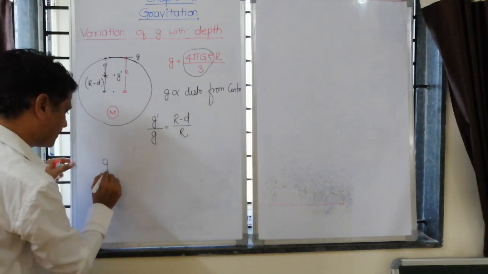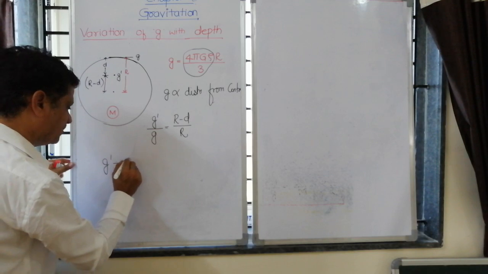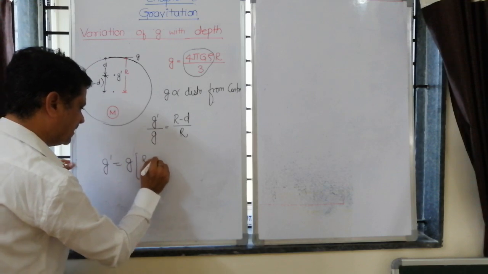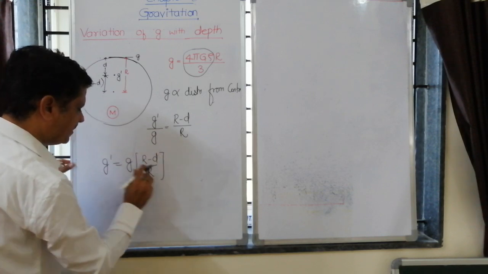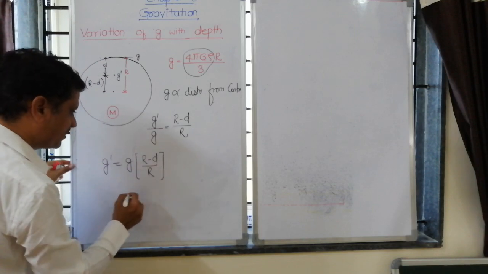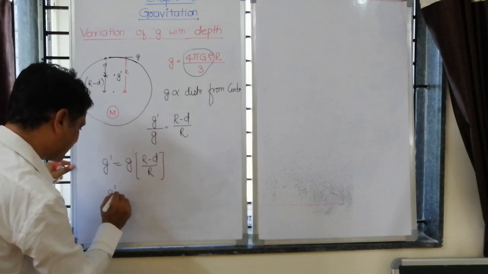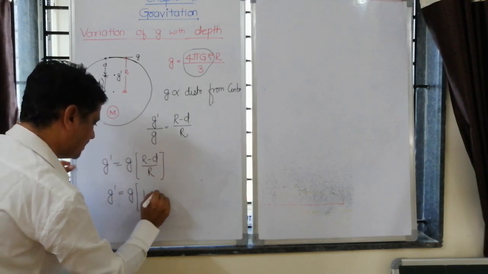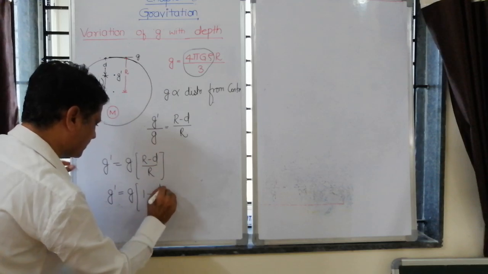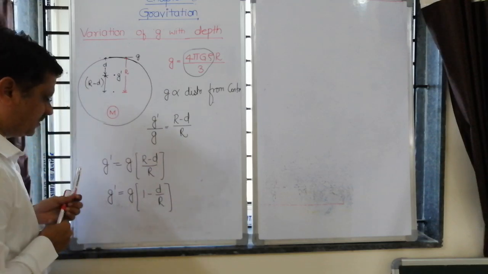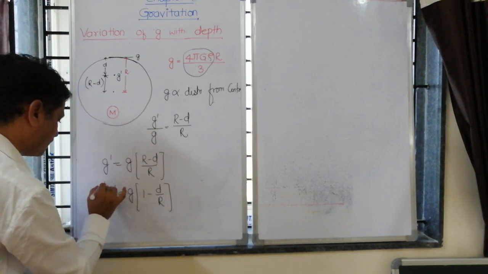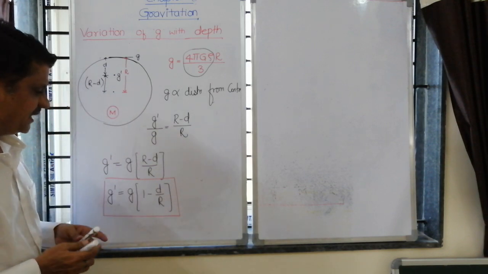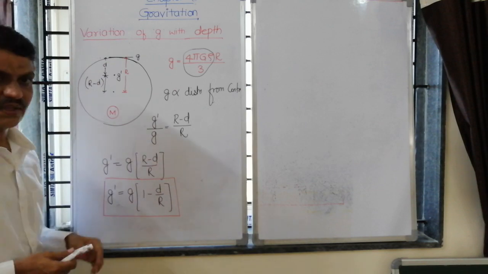Or finally you can write g dash is equal to g in bracket r minus d by r. Here r by r is 1 minus d by r. Therefore g dash is equal to g in bracket 1 minus d by r. So this is the expression for acceleration due to gravity at a depth d. Depth means distance from the surface, right?